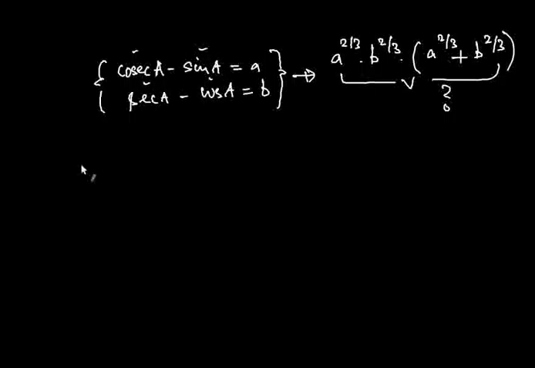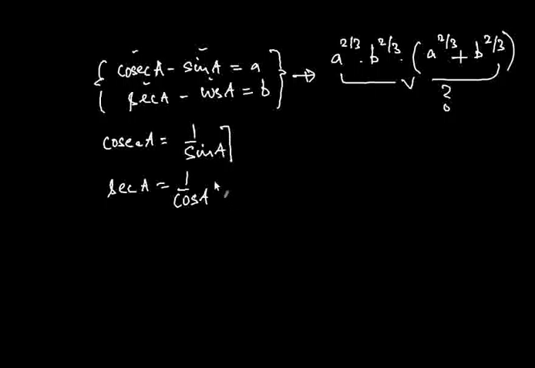So that's 4. Now ideally I would like to boil this down to as few as possible, right? So we know that cosecant A is equal to 1 by sine A. And we also know that secant A is equal to 1 by cos A. So let's use these expressions instead of the cosecant and the secant that are there.